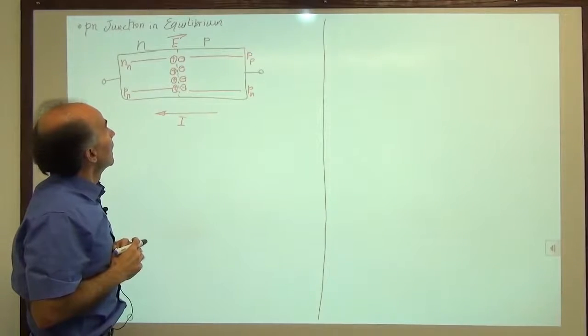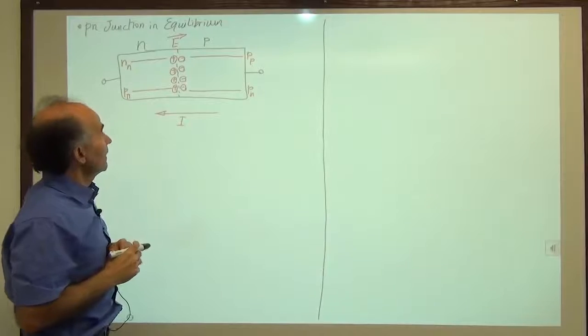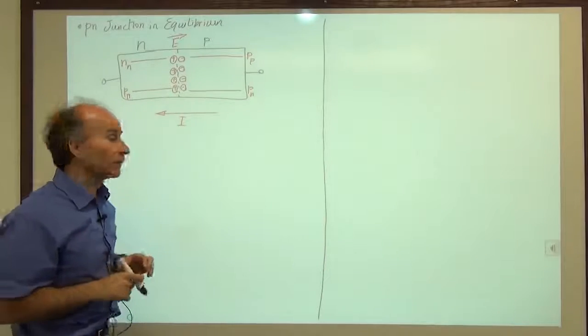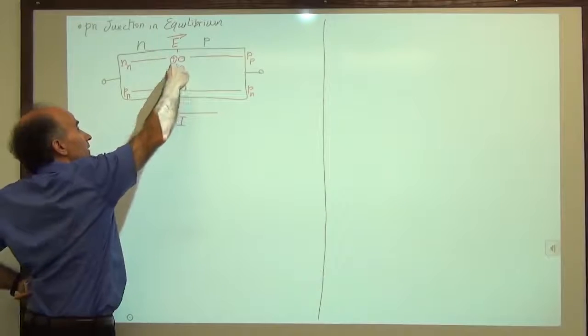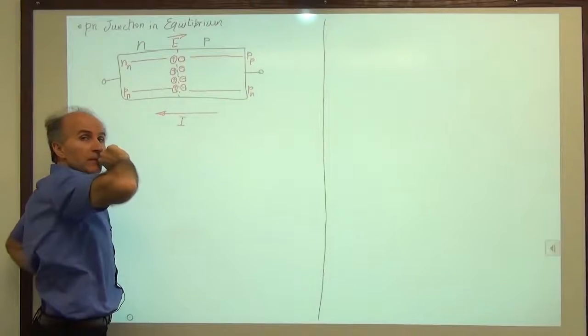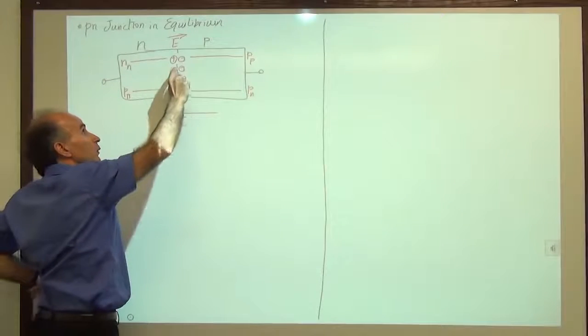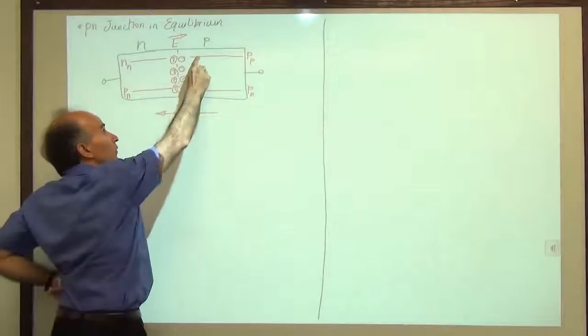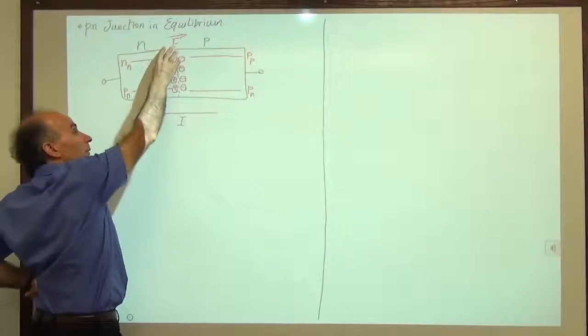Okay, all right, so we have an electric field. Now, what does this electric field do? Well, the electric field says, if you place a positive charge here, I want to push it that way. So it doesn't want any positive charge to go this way. So if a hole wants to go this way, this field opposes it.